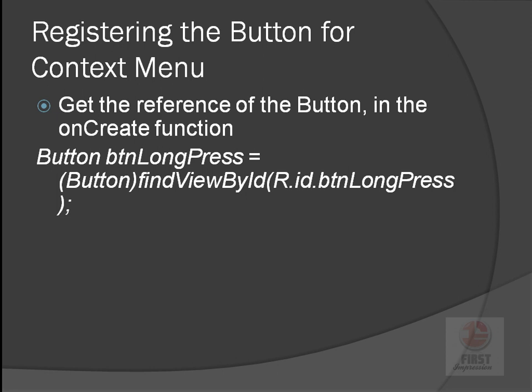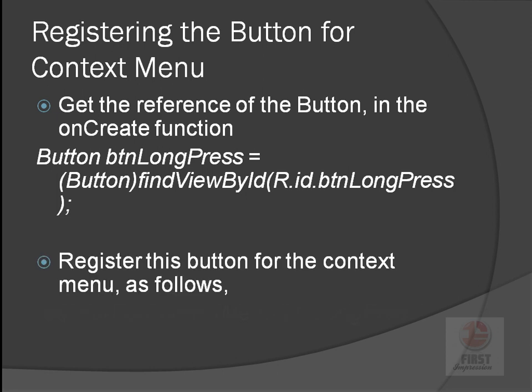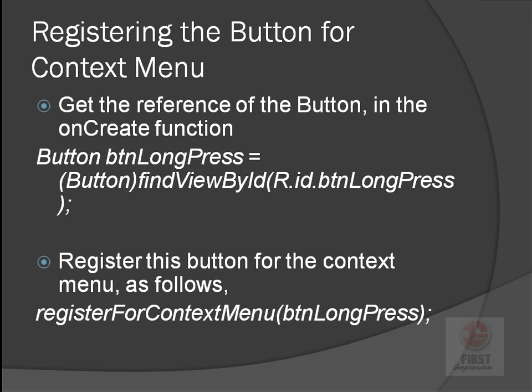Now we have to register this button for a context menu. So we'll just have the command registerForContextMenu(btnLongPress). This indicates that this button has now been registered for a context menu.